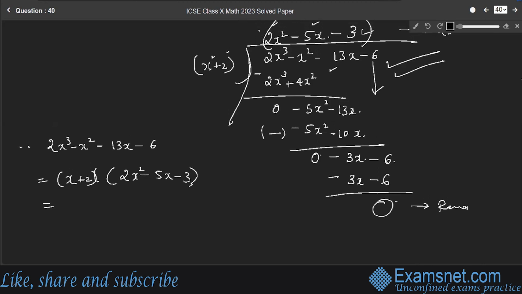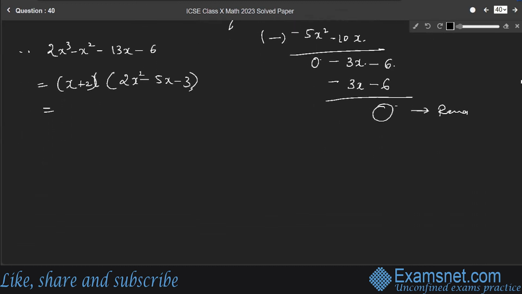You can still simplify, because these factors should have the same power. So how do you express a quadratic expression as a product of single power expressions? Consider 2x square, and minus 5x can be written as minus 6x plus x, then minus 3.